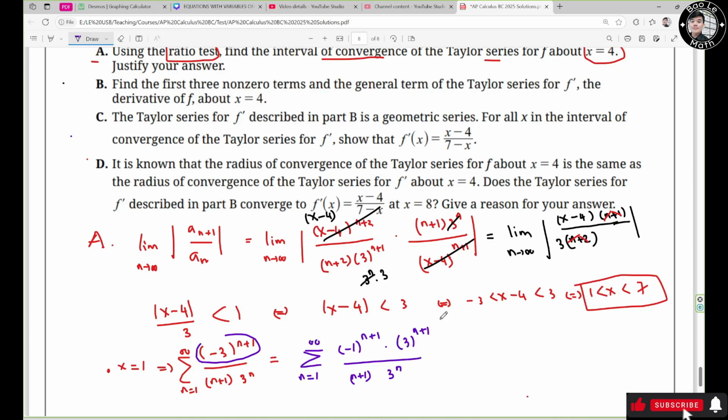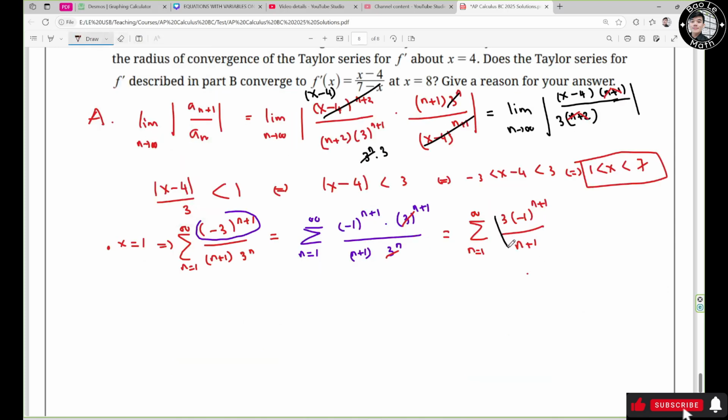Now we simplify 3 raised to the n on the top and bottom, so we have the sum of 3 times negative 1 raised to the n plus 1 over n plus 1 when n goes from 1 to infinity.